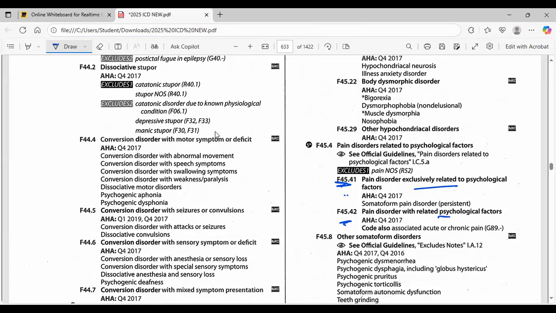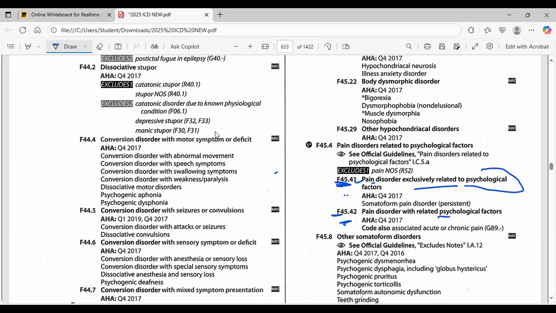So in F45.41, the patient has pain that is related to the psychological condition. Like even in real life, whenever a patient has increased stress, the patient starts getting a headache. So just because of the psychological conditions, patients start getting pain. So in that case, we have to use F45.41 that will represent somatoform pain disorder. That means whenever we treat that psychological condition, pain will automatically resolve.